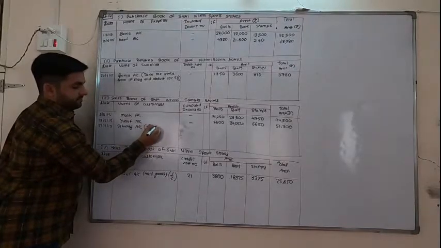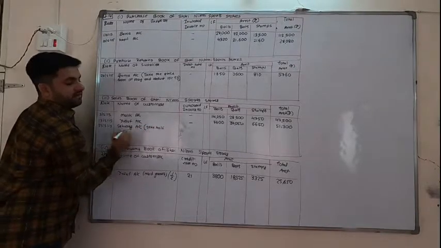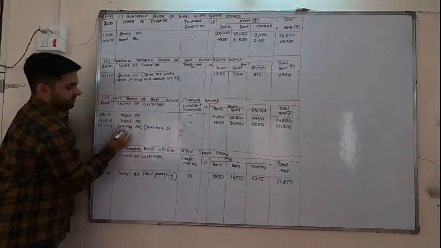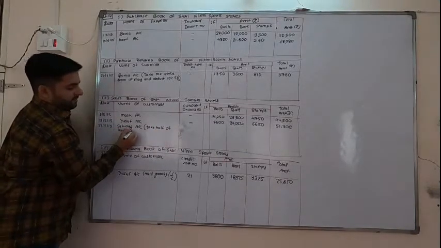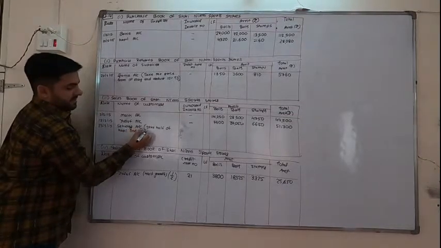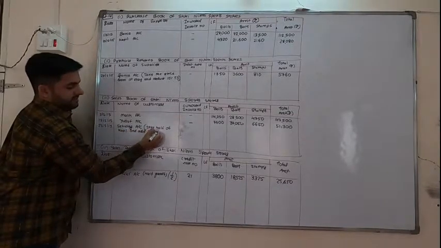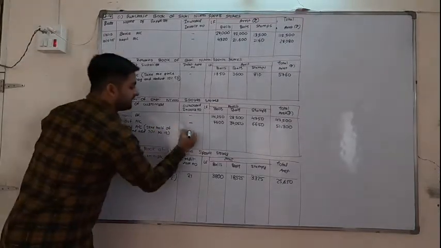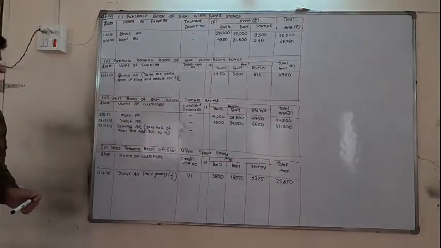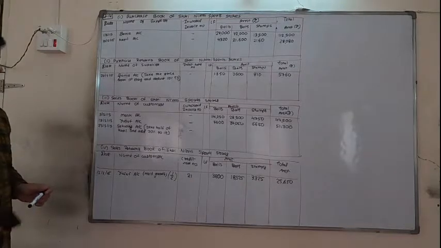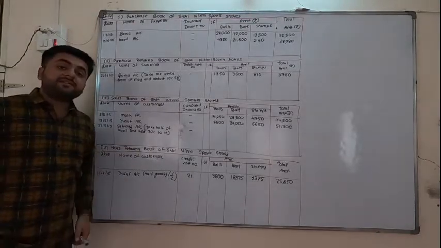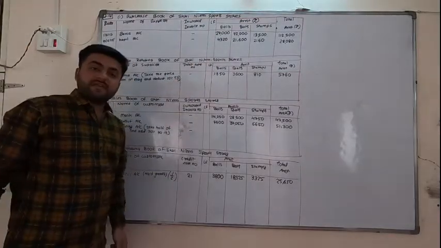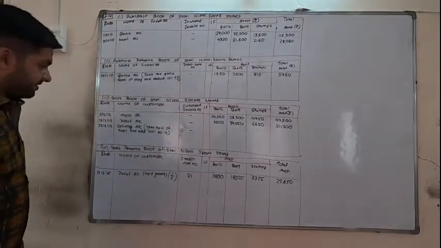Take half of Kapil and add 20% to it. Bill number is not given, but we have to take half of Kapil and add 20% to it. So we have to take its half and we will add 20% to it.